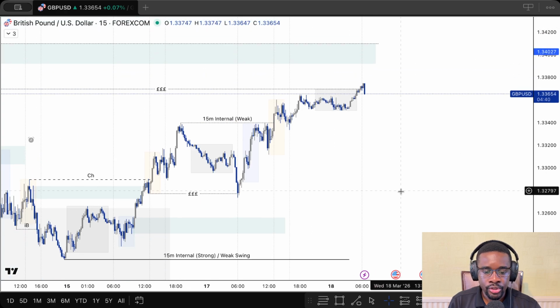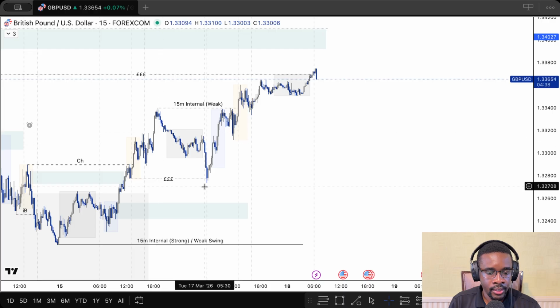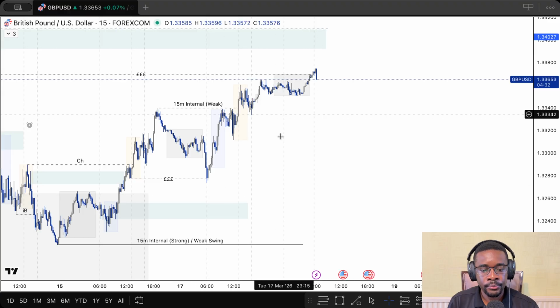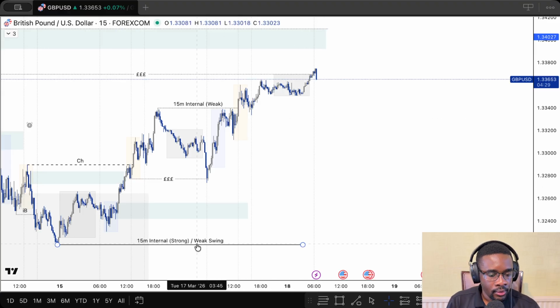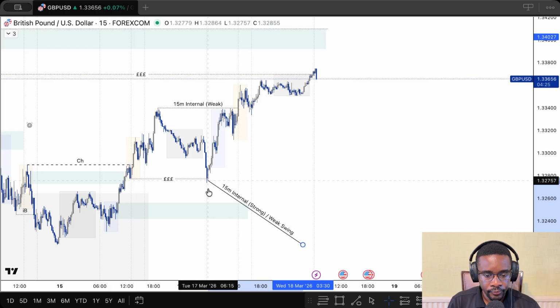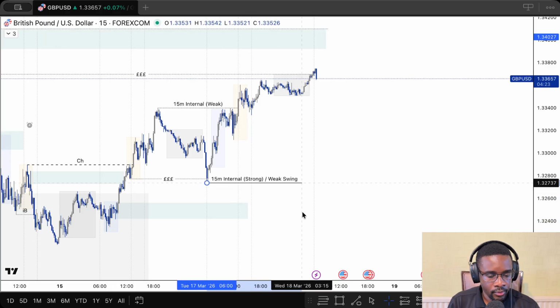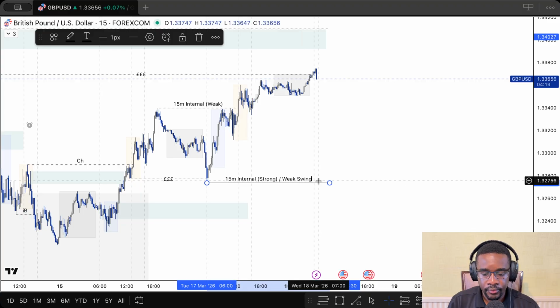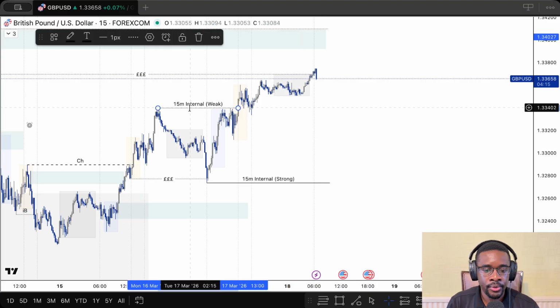So the current range that we're in now means, so there we had our change of character, break of structure, boom, confirm break of structure. Okay, so this becomes our strong internal. That's now our strong internal confirmed, because now we have this break of structure.